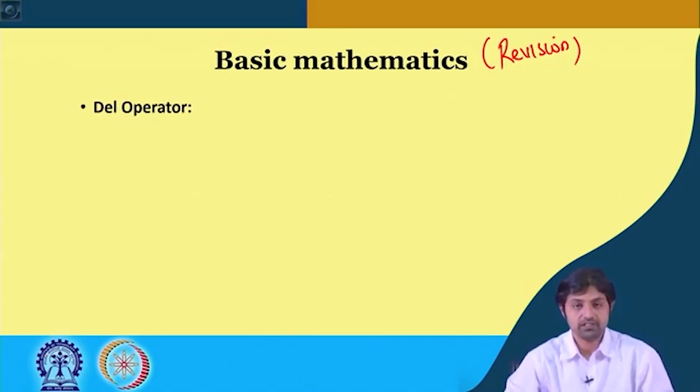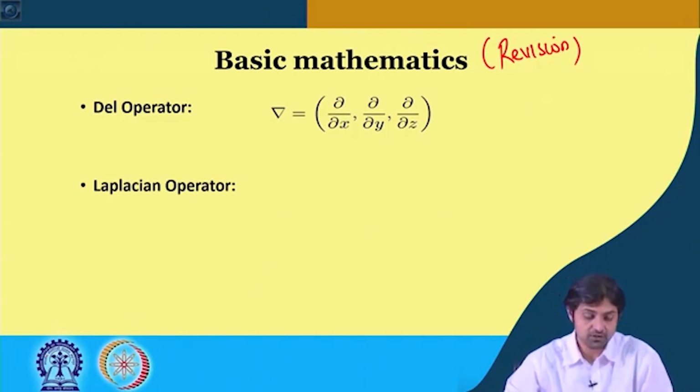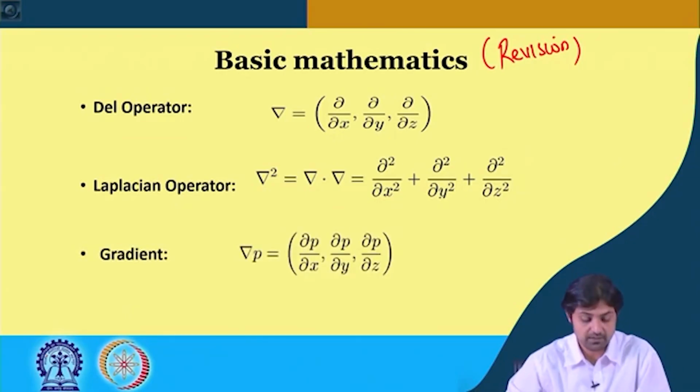For example, there is an operator called del operator, which every one of you know. It is del del x, del del y and del del z. Now the Laplacian operator is del square, that means it's del square by del x square, del square by del y square and del square by del z square. Gradient operator, it's del p, it's del p del x, del p del y, del p del z.